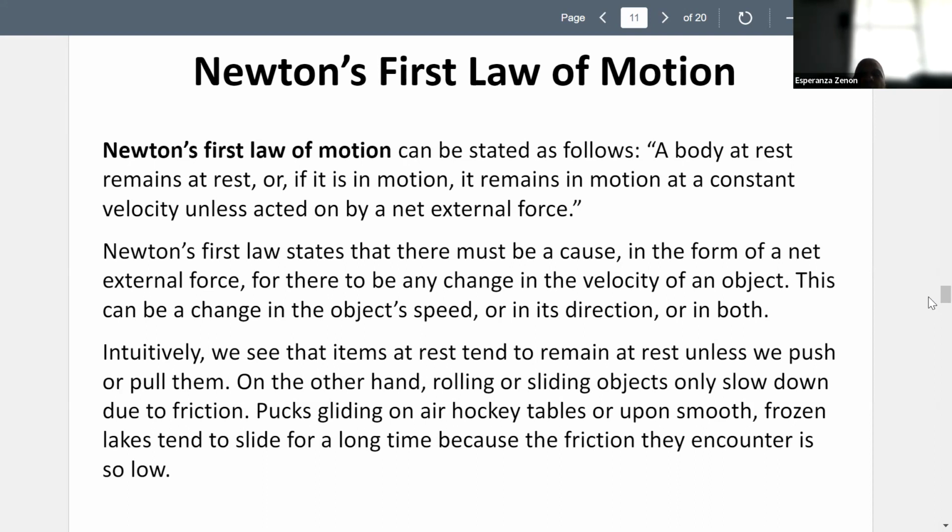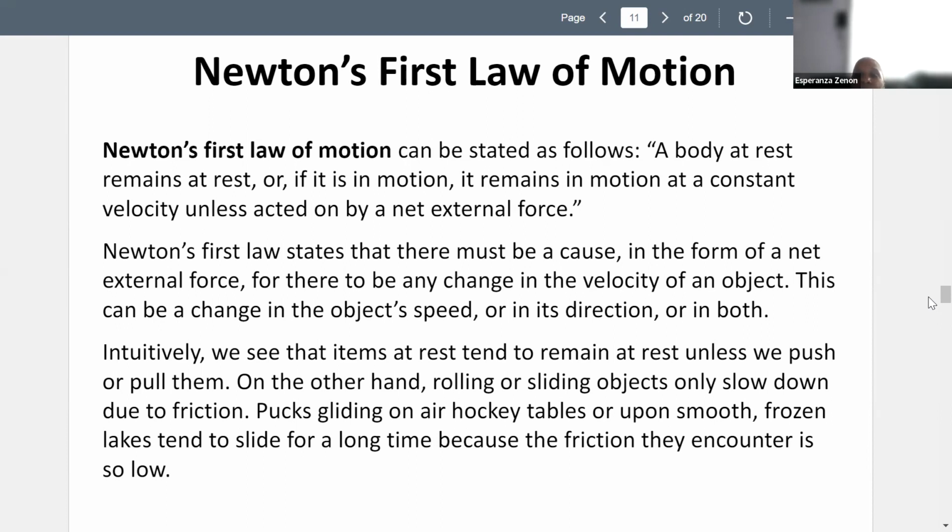So if the object is at rest, meaning what? Stationary, it is going to remain stationary unless you act on it with a net external force. So unless there's some net force on an object that is stationary, it is not going to move. Okay.